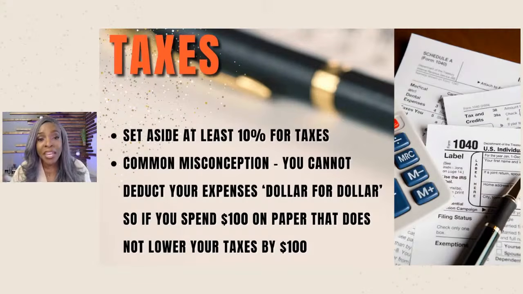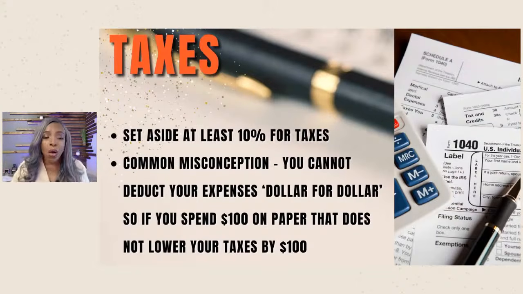The next big expense that you also need to calculate in your costs is taxes. Guys, you need to set aside at least 10% for taxes. Because here's a very common misconception that I hear from people who are new to being self-employed, people who are new to being signing agents, is they think that they can deduct their expenses dollar for dollar.